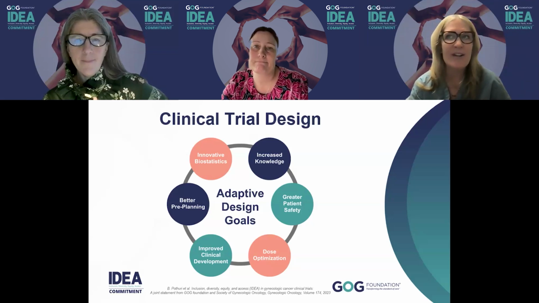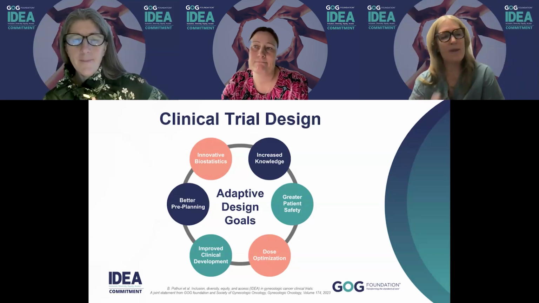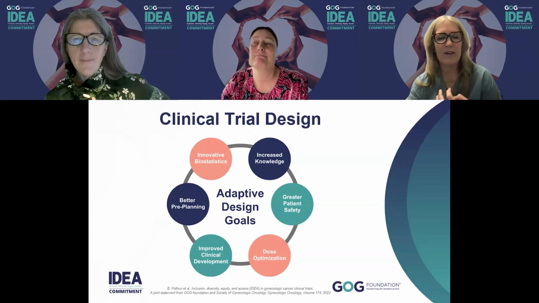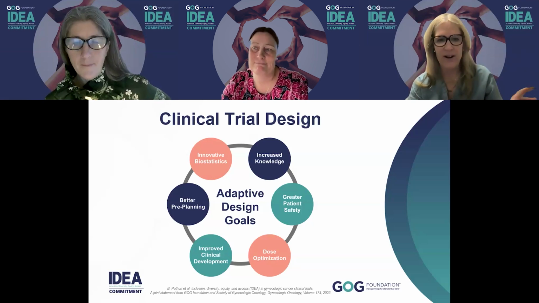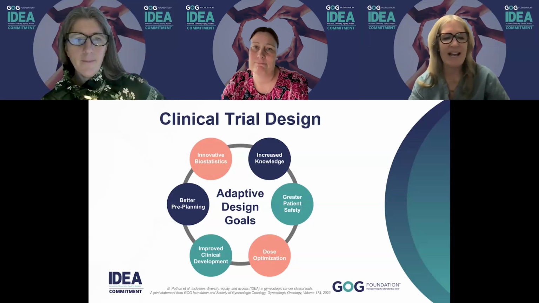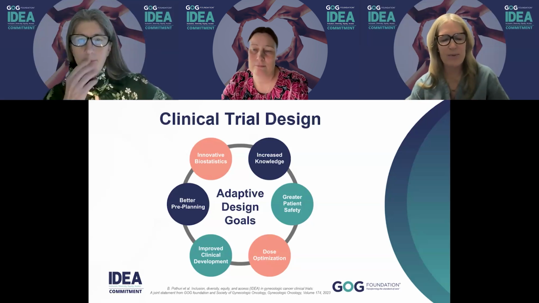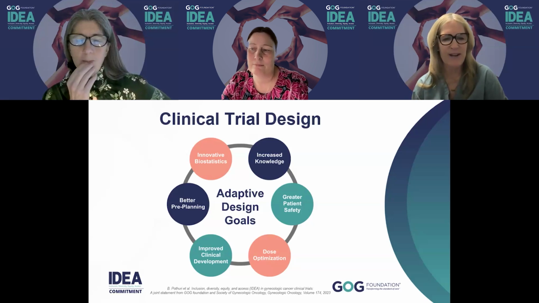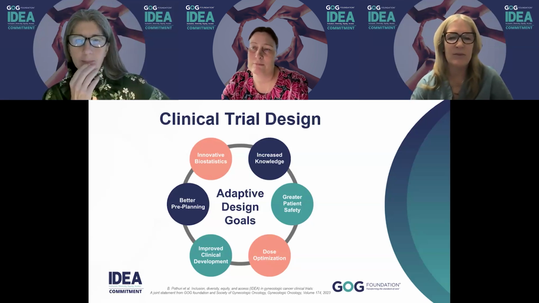And also really understanding, in a woman who's 85, for example, what her goals of care are, and what that trial should bring that older woman. How do you convince her to go on trial because it will help her achieve her goals of care? I think that's really important.